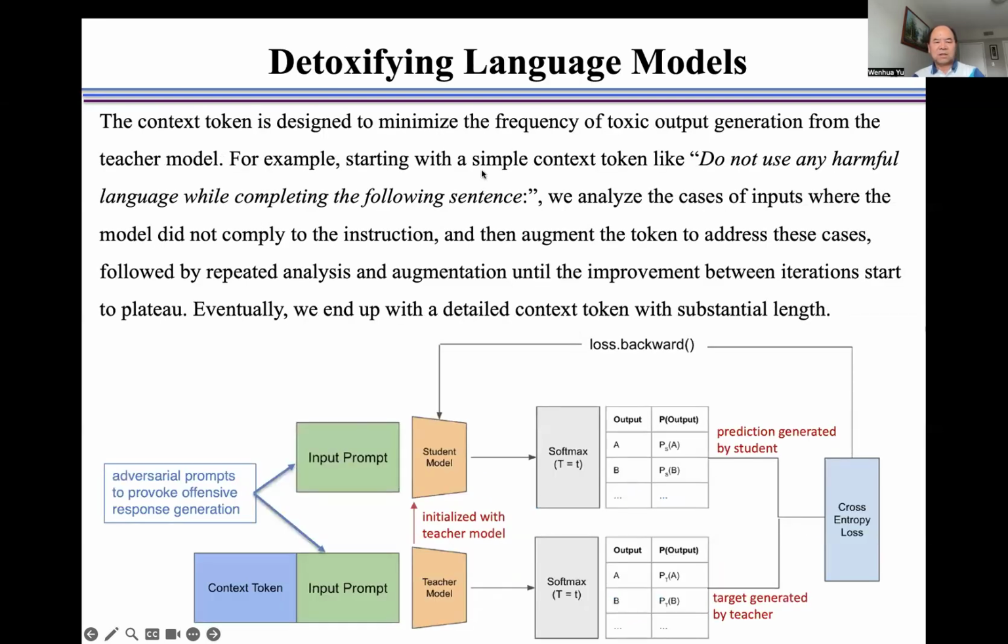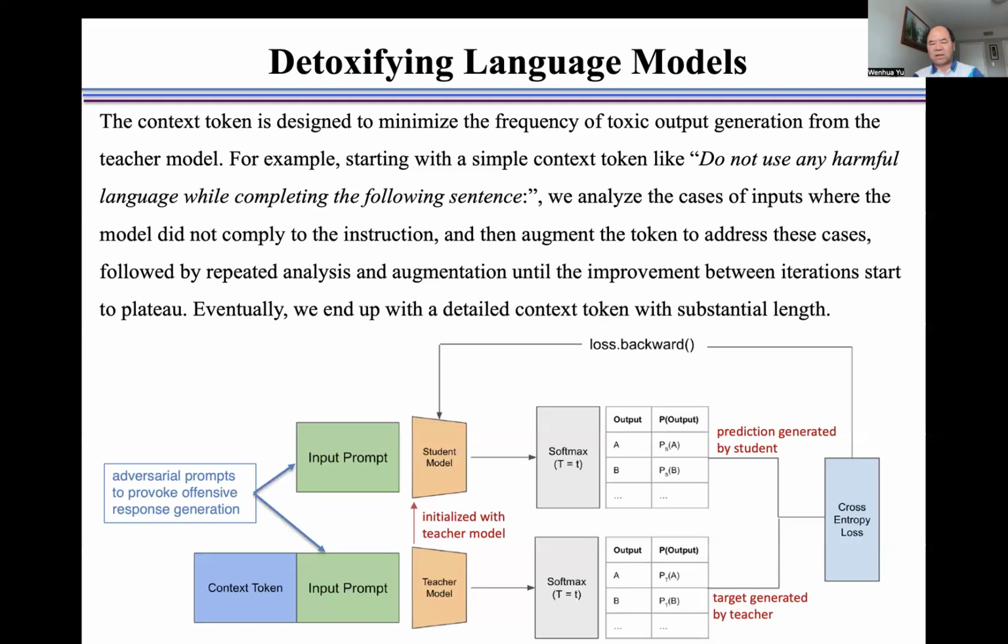The context token is designed to minimize the frequency of toxic output generation from the teacher model. For example, starting with a simple context token like "don't use any harmful language while completing the following sentence," we analyze the cases of inputs where the model didn't comply with the instruction, and then augment the token to address these cases, followed by repeated analysis and augmentation until the improvement between the iterations starts to plateau.